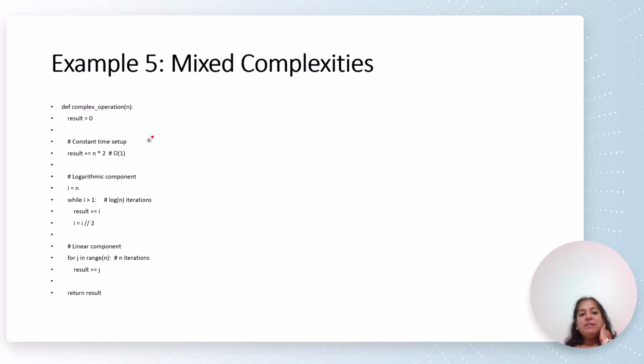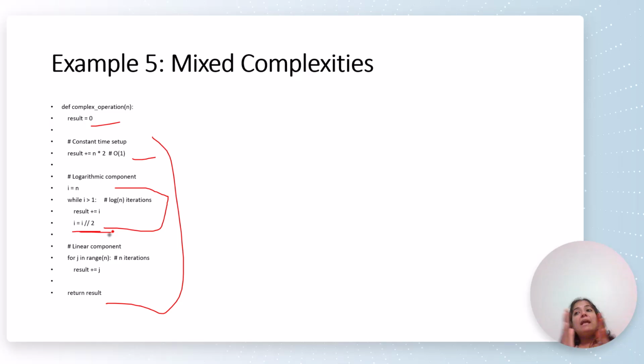This is an example with mixed complexity where we are using some constant statements. Then there is a logarithmic component, because whenever you are dividing your array into halves, it becomes log n. Then there is a linear component where we are using a for loop that executes n times.